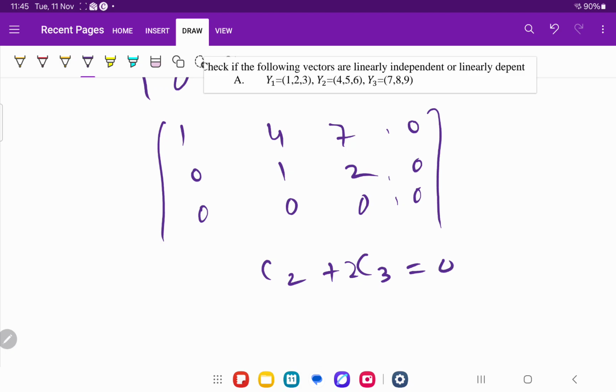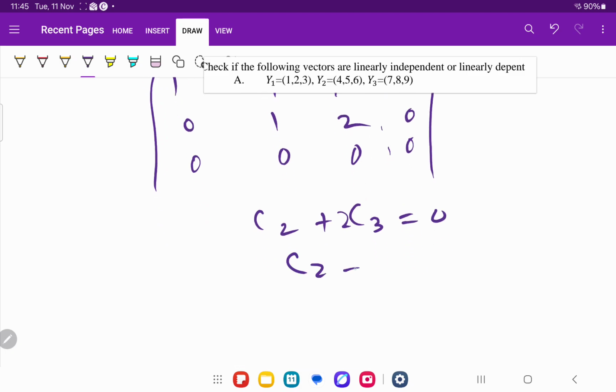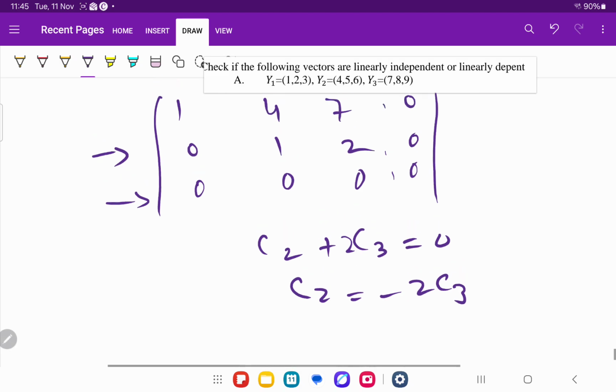Yes. So it means that C2 is equal to minus 2C3. C2 is equal to minus 2C3 from the second row, because from the third row we cannot find anything. From the third row we cannot find anything, so we have to use the second row.